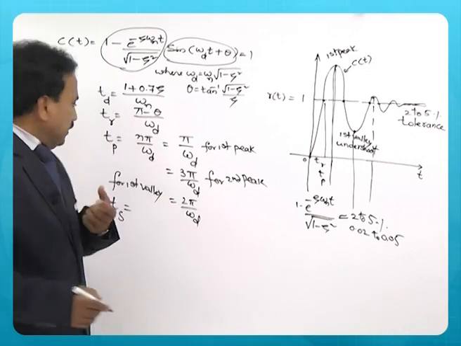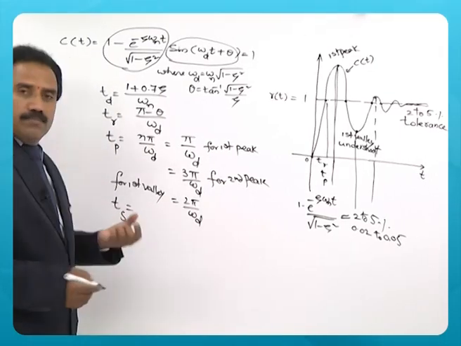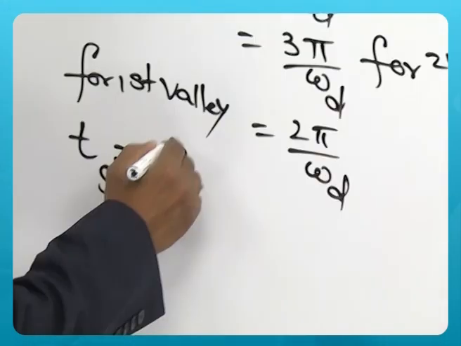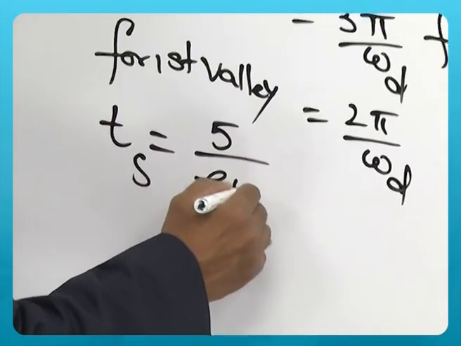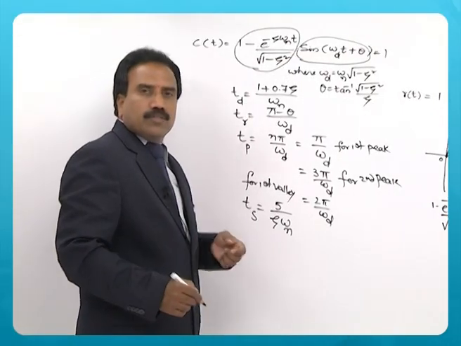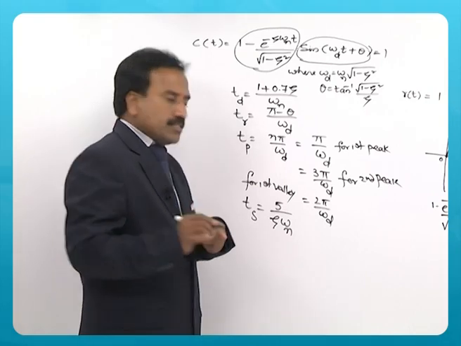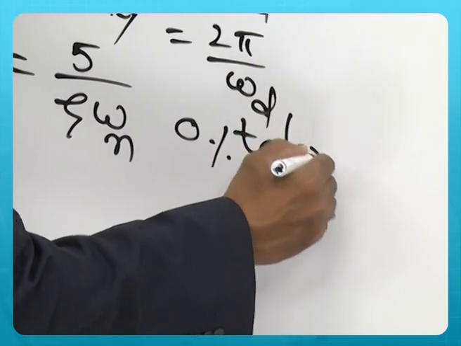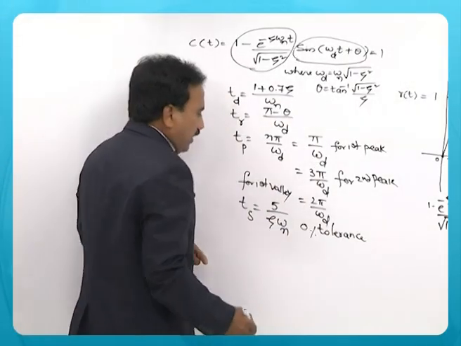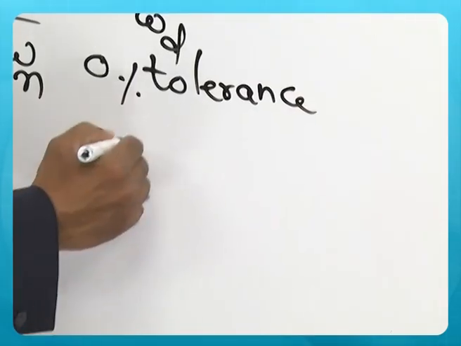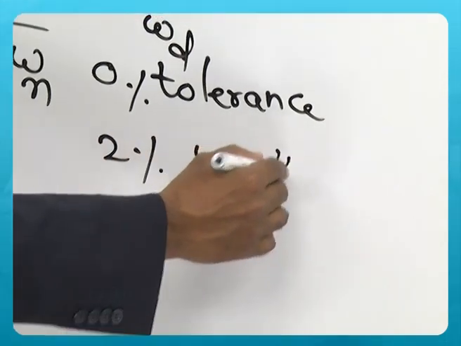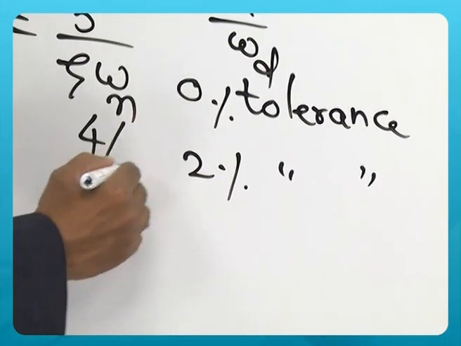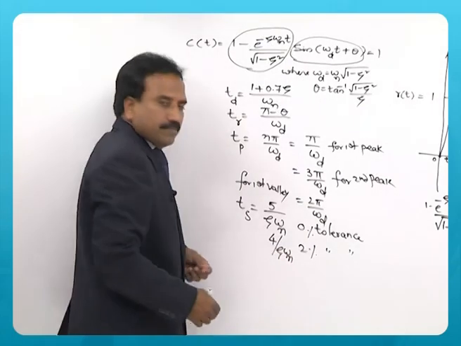So if you take that, settling time will be 5 by zeta omega n if you do not take any tolerance, means 0% tolerance, and if you take 2% tolerance, then it will be 4 by zeta omega n.